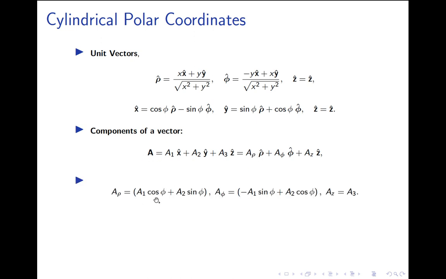So here I have written down for your convenience, but you can check. Once you substitute x hat equal to this and y hat equal to this and z hat equal to this, and then assemble everything which contains rho hat together, you will get that the rho component of the vector is given by Ax cos phi plus Ay sin phi, and then something like this, and then something like that. The third component is of course the z component. There is no change in that.